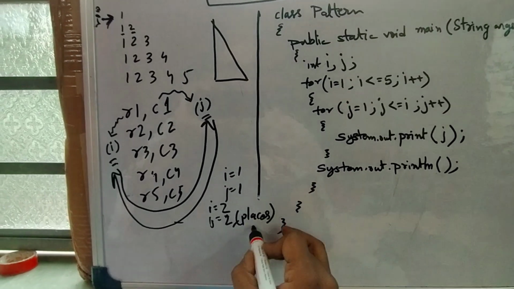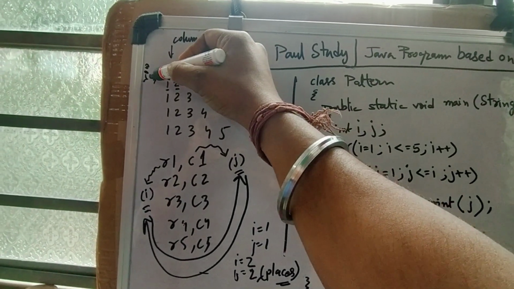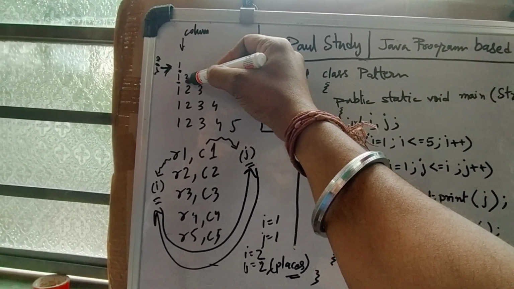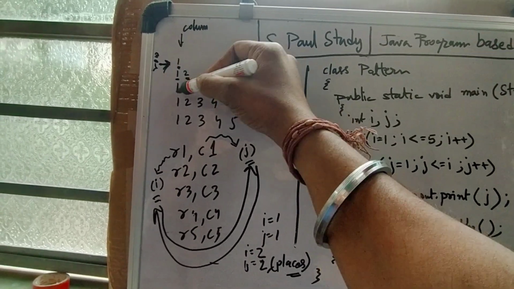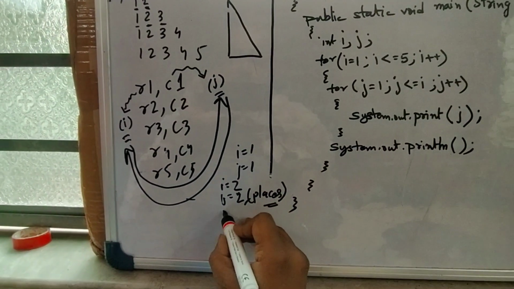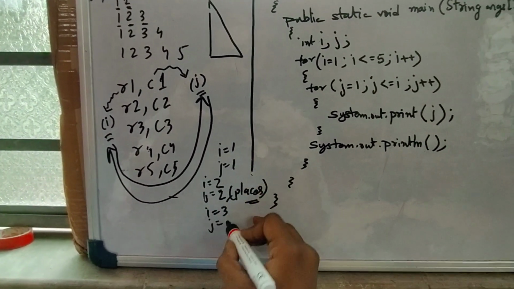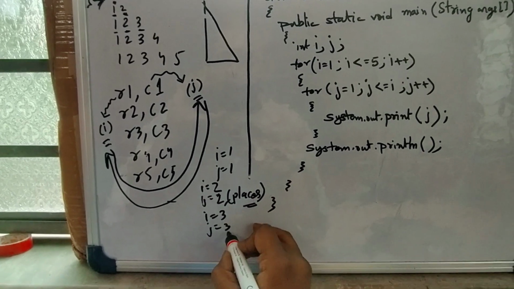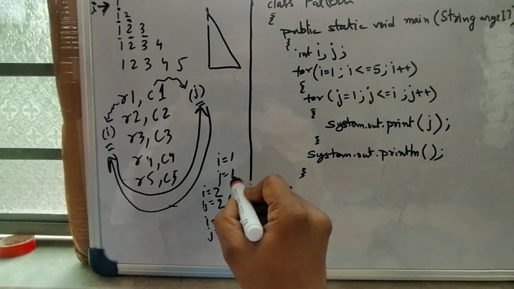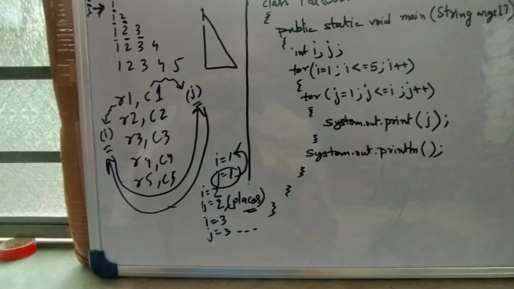How many places is it getting shifted? For one row, 1 place. For the second row, 1 place, 2 places. For the third row, 1 place, 2 places, 3 places. Again for I equals 3, J's placing is 3. It will go up to 3 places. So here you can see the value of J is totally depending on the value of I.